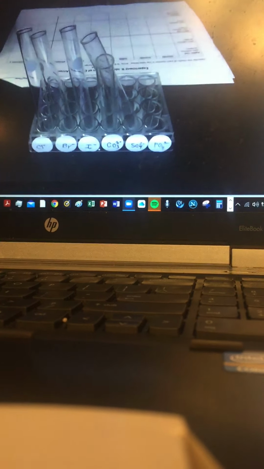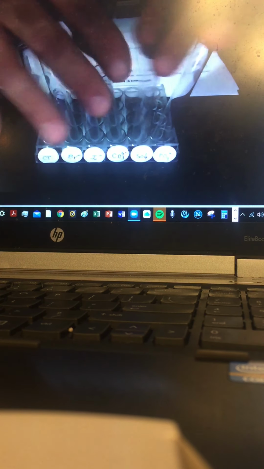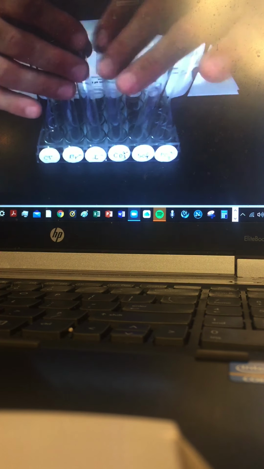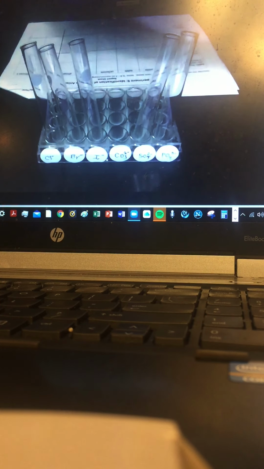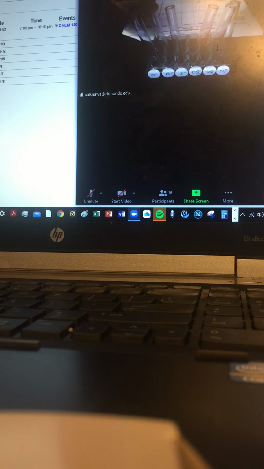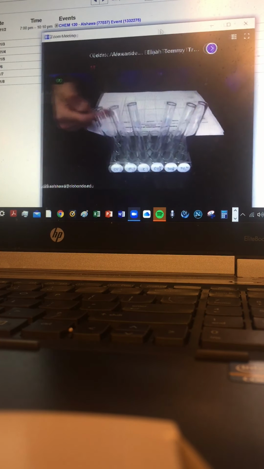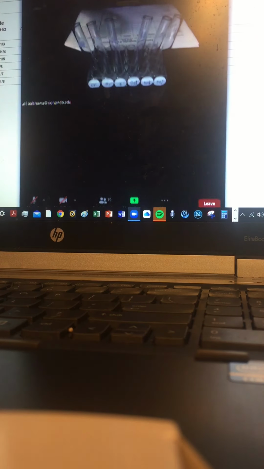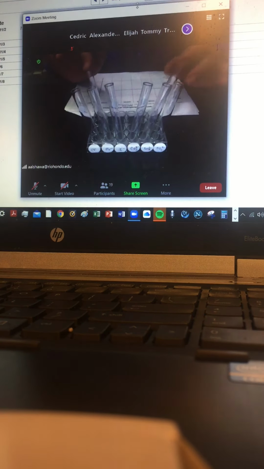So you have three halides on this side, and on the other side I want to test the polyatomic ions. You've got three polyatomic ions and three halides. In the back of the holder, I have the unknown 1 test tube and the unknown 2 test tube.